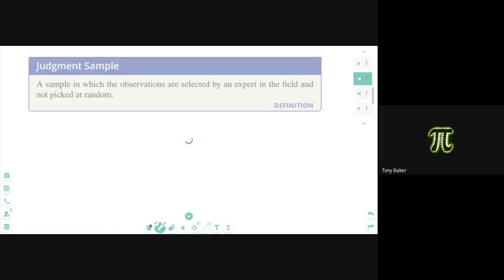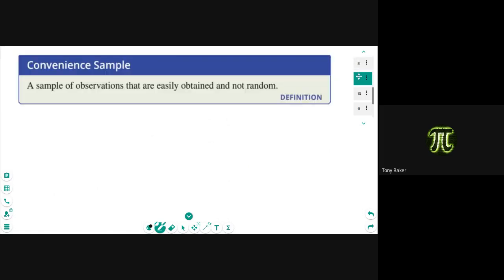We've kind of talked about this one before. A convenience sample. Is this random? No. What is a good example of a convenience sample? Yeah, asking people at your local convenience store. Okay.